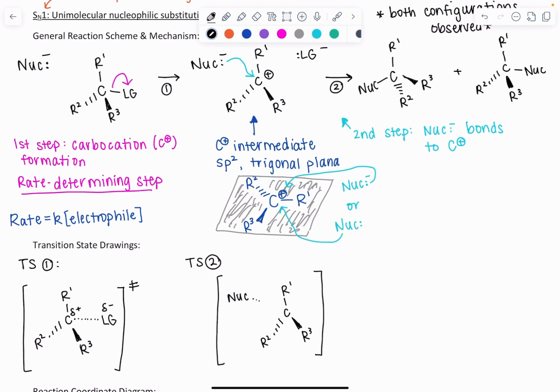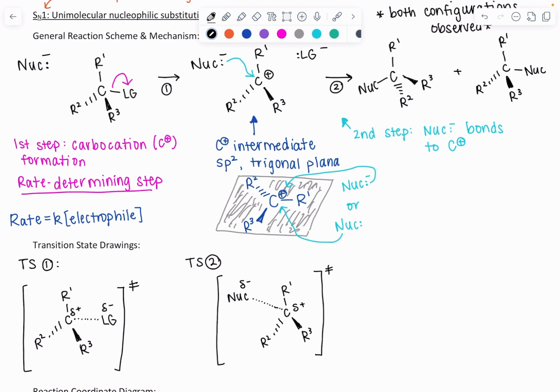And this bond is forming, so that will be our partial bond in the transition state. Carbon goes from positive to neutral, so partial positive in the transition state, and then nucleophile is negative to neutral, so partial negative in the transition state.